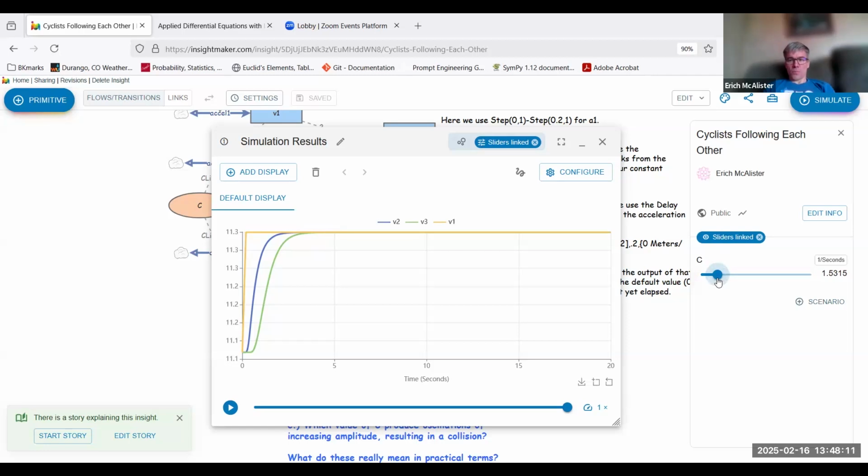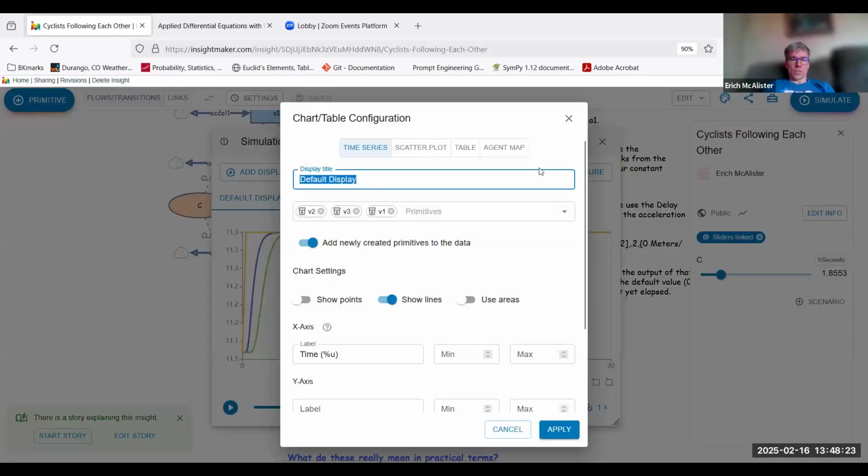If I change up to 1.85, it's not obvious that there's a little bit of sinusoidal action going on here. If you change the configuration to the tabular output, you can actually see that the first rider goes a little bit above the equilibrium solution and then decreases back down to it.